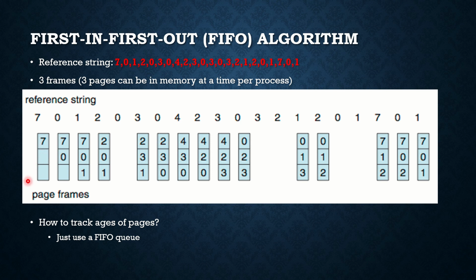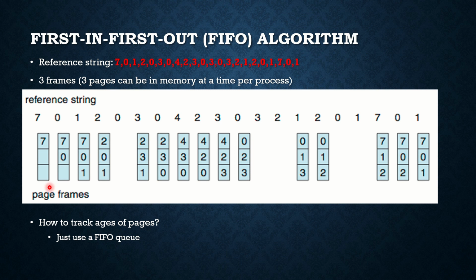If the fourth page comes, there is no space, so some page has to be replaced. In this algorithm, first in first out, whichever page entered the page frame first is the one we are going to replace. We are actually using a FIFO queue.